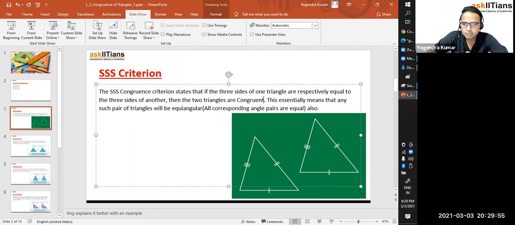This essentially means that such a pair will be equiangular, right? This is also true, right? I hope you got it. What are we understanding here, right?